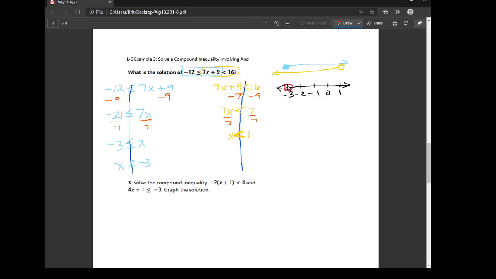So I can keep my endpoint at negative 3, and it's going to be shaded in because that satisfies both of them. And then at 1, I'm going to put an endpoint, but it's going to be hollow because it's hollow for the yellow one. Then I'm going to shade all the numbers in between. So that's where we get that barbell shape.